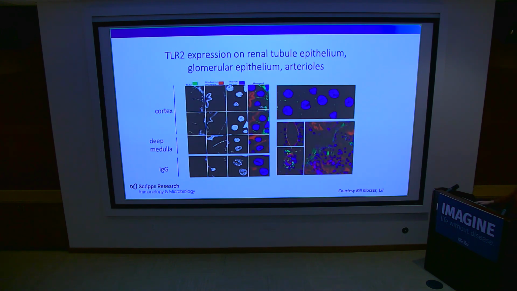Working with Bill, who did these really pretty pictures for us, we found another interesting thing: it was localized to the basolateral membranes of renal tubular epithelium in the cortex, but not deep in the medulla. So in the cortex and the outer stripe of the medulla, we definitely see it.